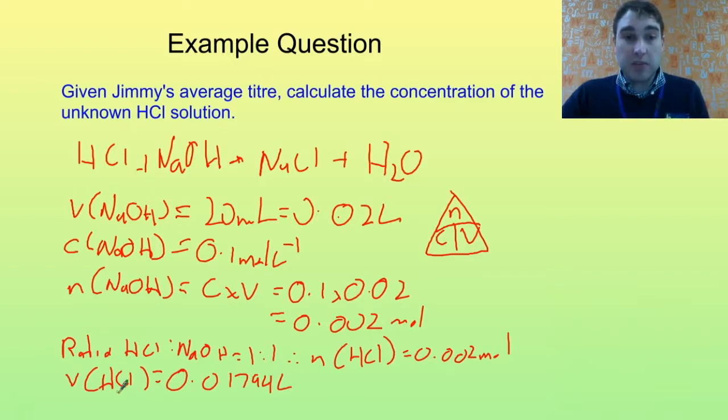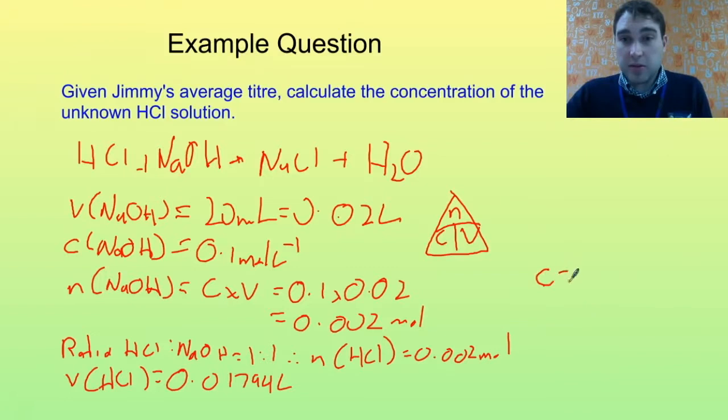So now I've got a number and I've got a volume, so I can figure out a concentration. So concentration equals, if I look at my magical triangle, n on V, so my concentration of hydrochloric acid is equal to my number of moles, which is 0.002, divided by my volume, which is 0.01794.